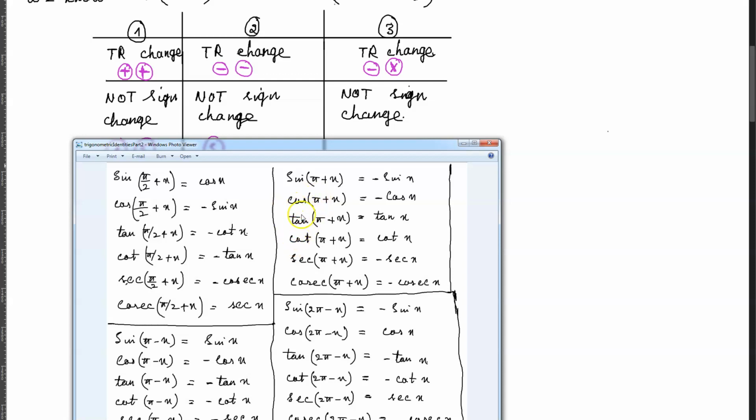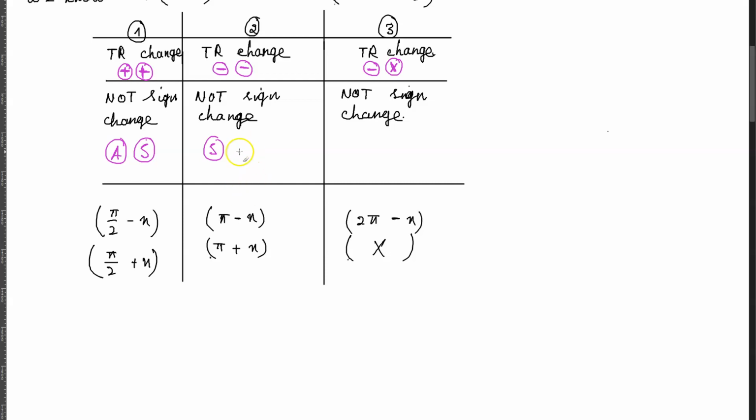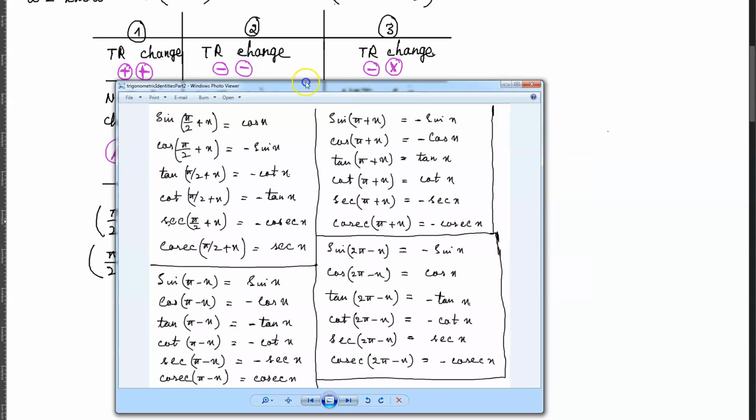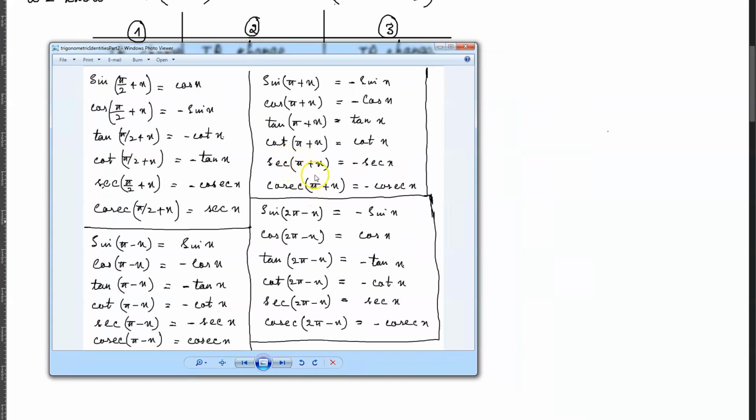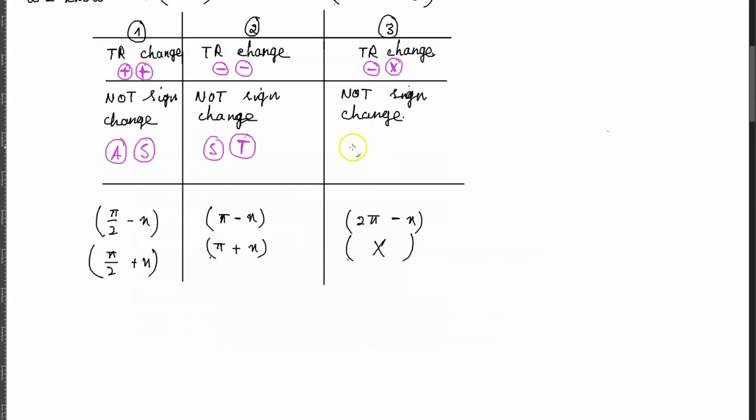So I write tan, and I automatically know that cot is also there because cot is the reciprocal of tan. So I write tan over here, T for tan. And then there is also 2 pi minus x. In the case of 2 pi minus x, the not sign change happens in the case of cos and secant. Secant is the reciprocal of cos, so I simply write cos here, and I have a placeholder here.